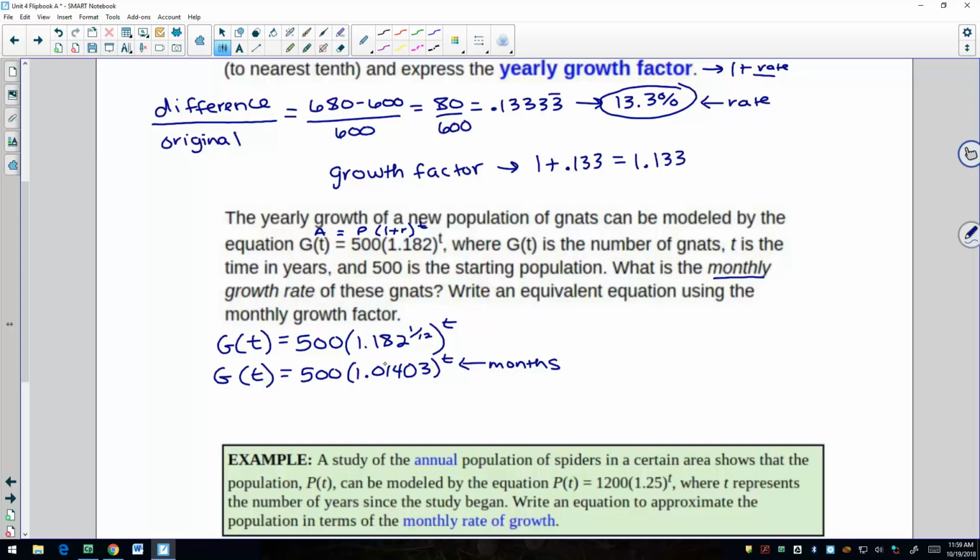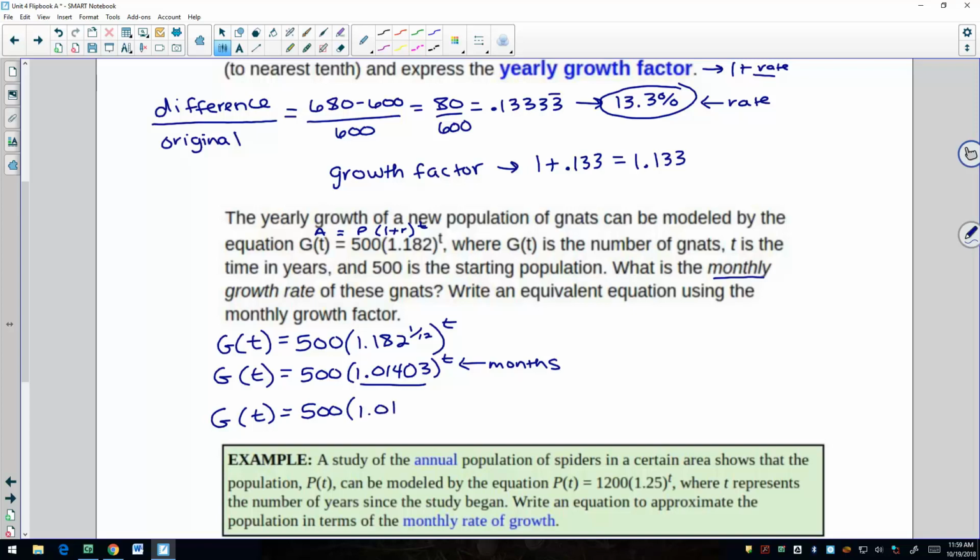Now it says write an equivalent equation using this new growth factor, but they want it equivalent to the original, which means it has to go back into years. So this is a little tricky. So I have to use my new growth rate.